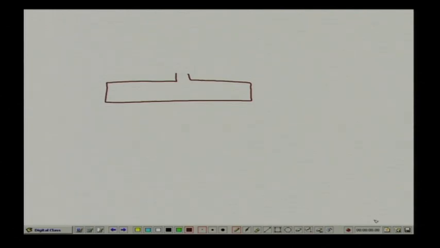Here, I am sorry, so there should be... see here. Now, instead of this, they made an inclined tube, right. Now, what will happen?